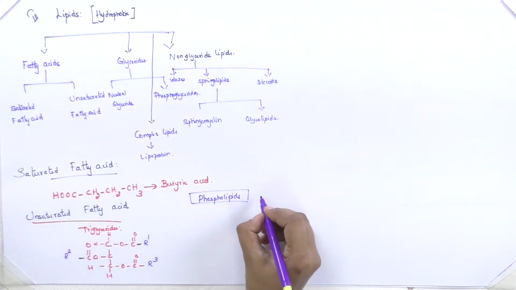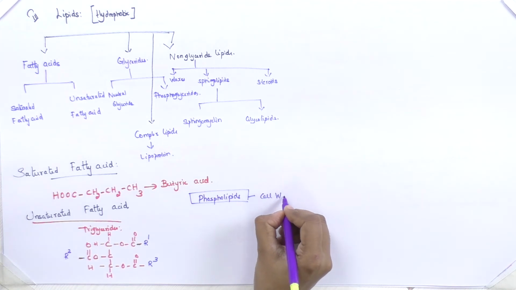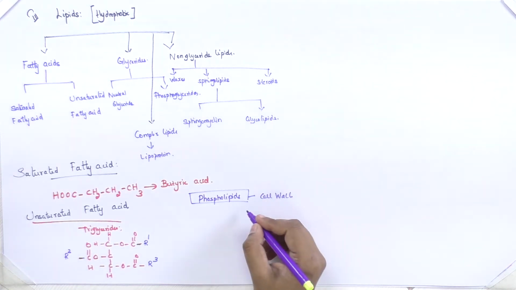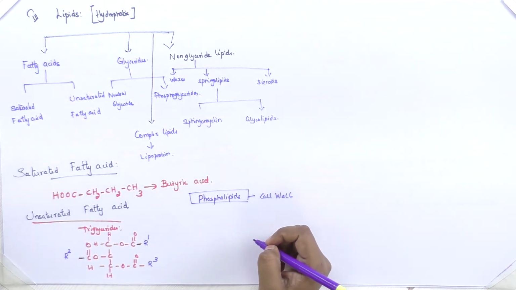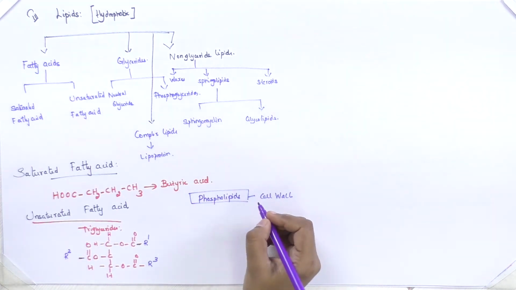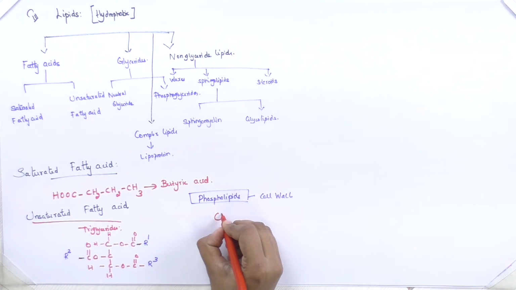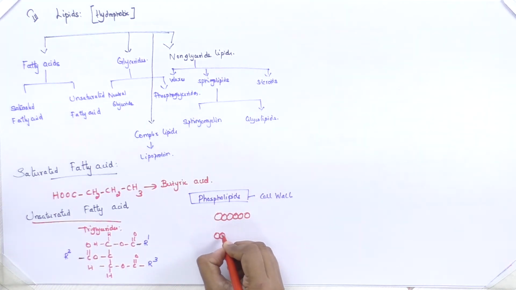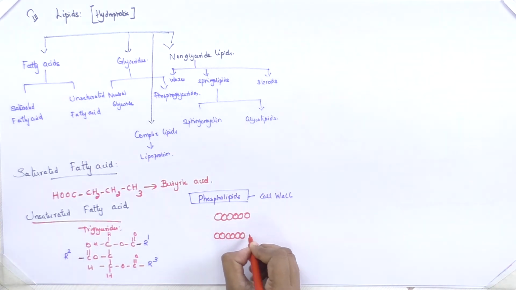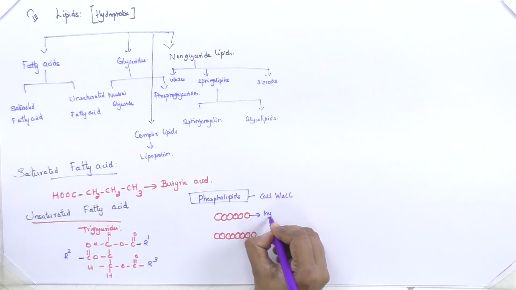Phospholipids are the major component of a cell wall. So when I said it is hydrophobic in nature, these phospholipids also have a hydrophilic tail which has been combined with the cell wall. So phospholipid structures are like this. This is hydrophobic.